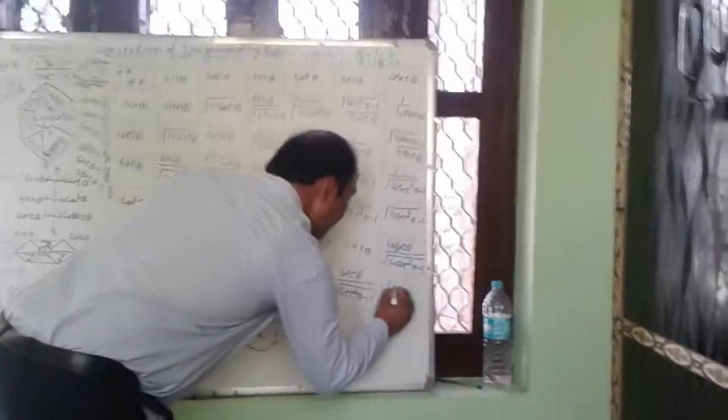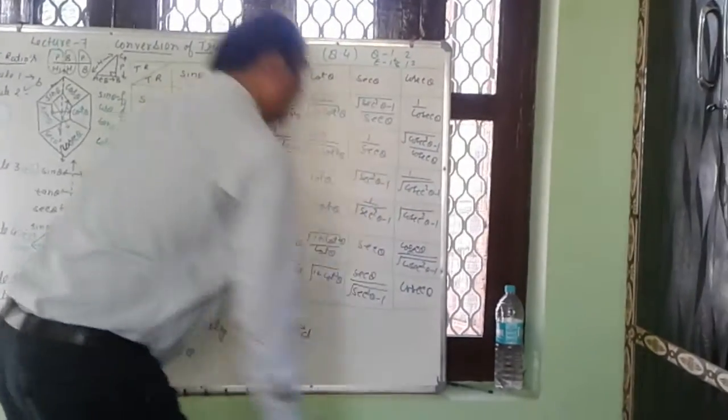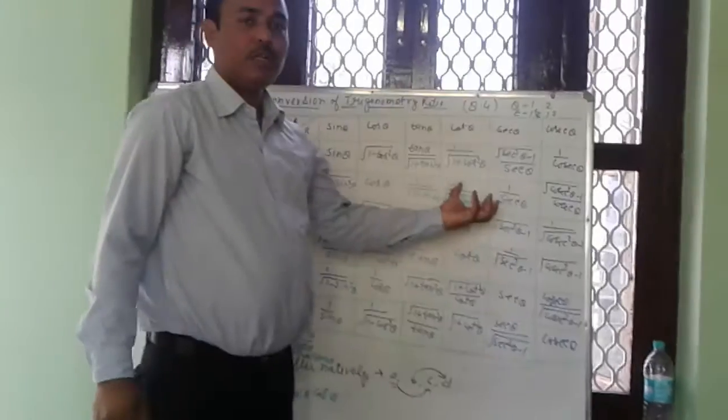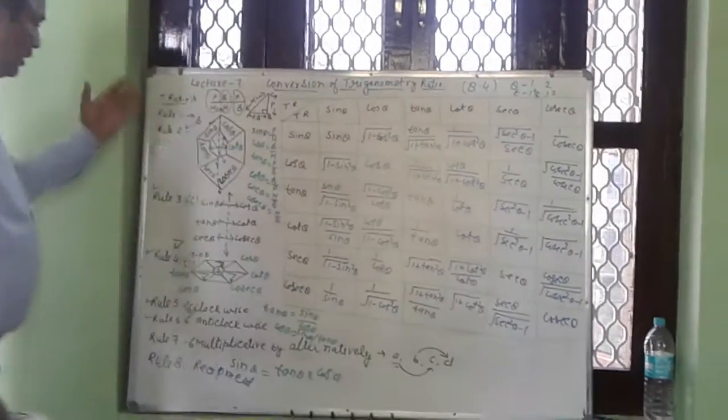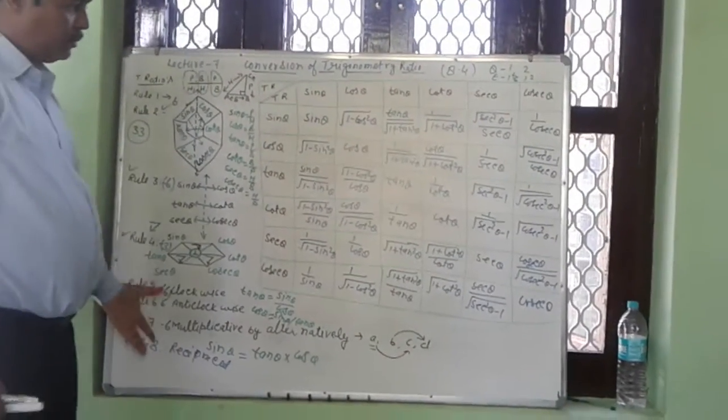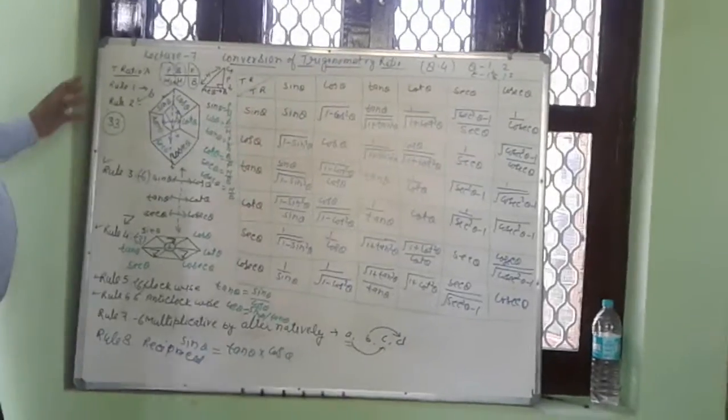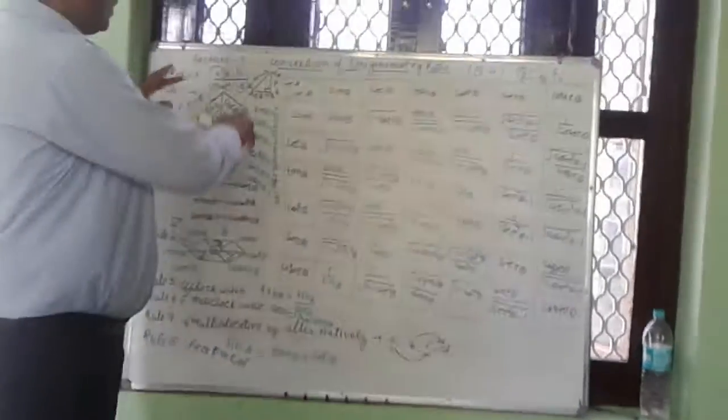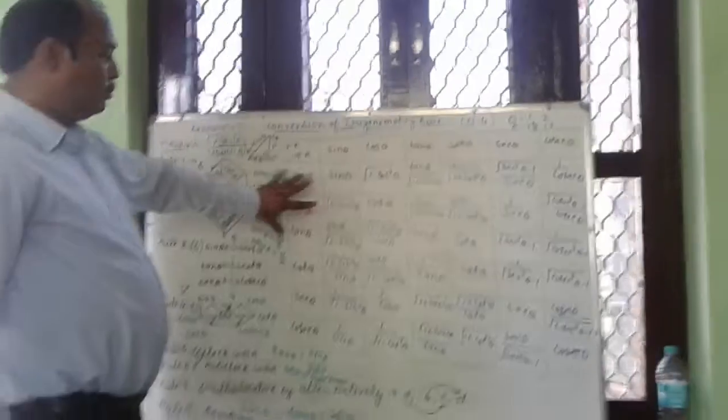Reciprocal of this is cosec theta. So this is the entire table. There are 36 formulas that come from here, and 39 formulas that come from here. So there is a lot of information you can get from this board only.